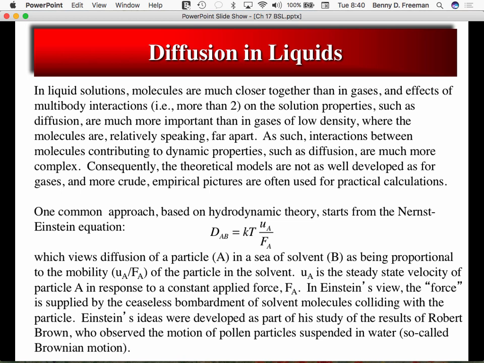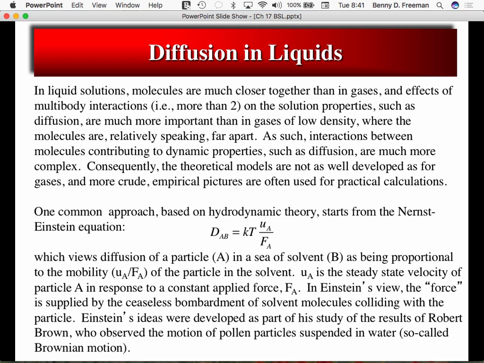the mobility of that particle is this ratio of the velocity of the particle divided by the force that's being applied to it. And in Einstein's view, this force is supplied by the bombardment of solvent molecules colliding with the particle.